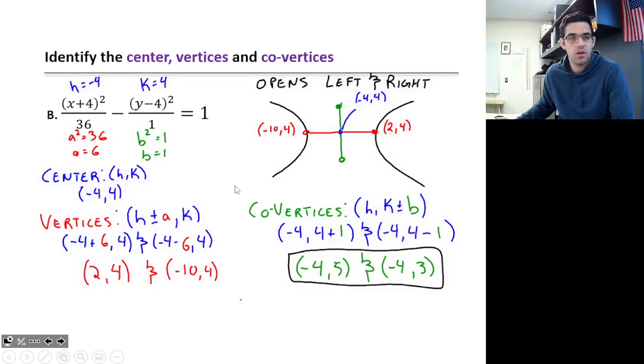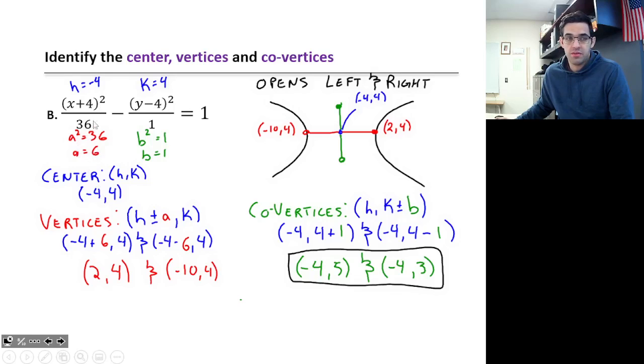Alright, so this example is another hyperbola. Since it's an x squared term minus a y squared term, I know it's going to open to the left and to the right. I know my center is going to be (-4, 4), just off of our h and k values. It opens left and right.